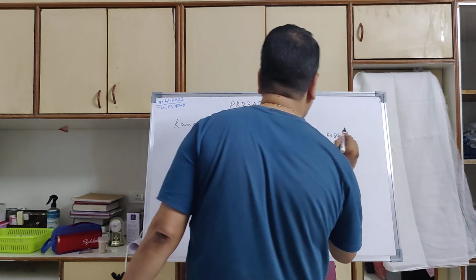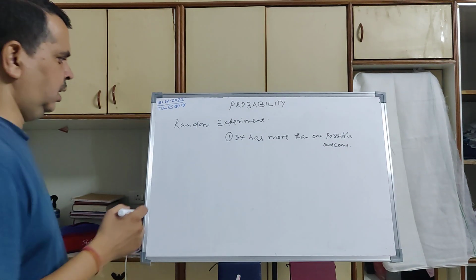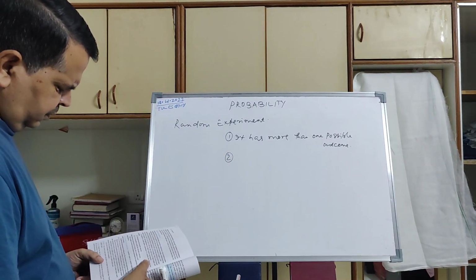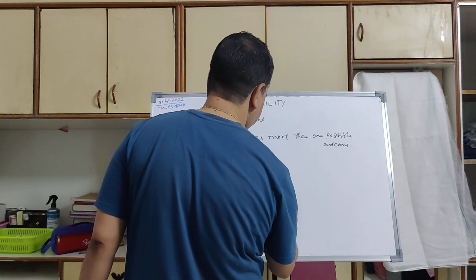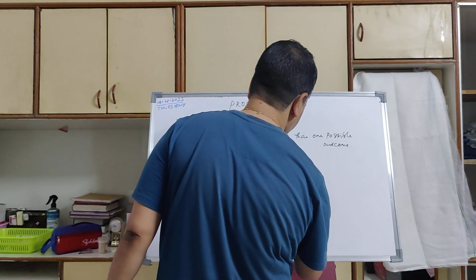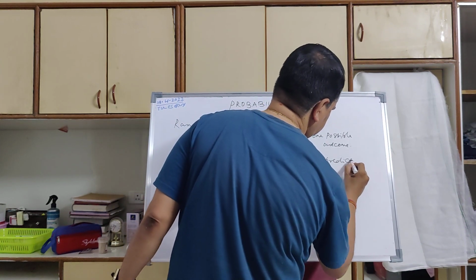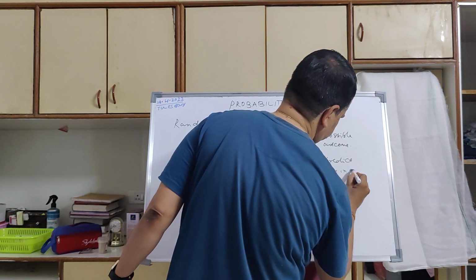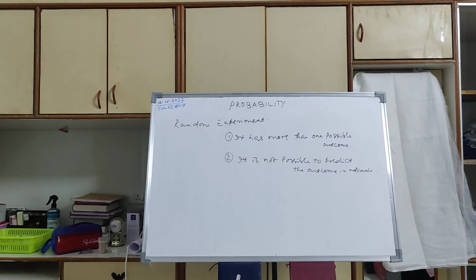An experiment is called a random experiment only if it has more than one possible outcome, and the second condition is, it is not possible to predict the outcome in advance. If these two conditions are satisfied, then it is called a random experiment.